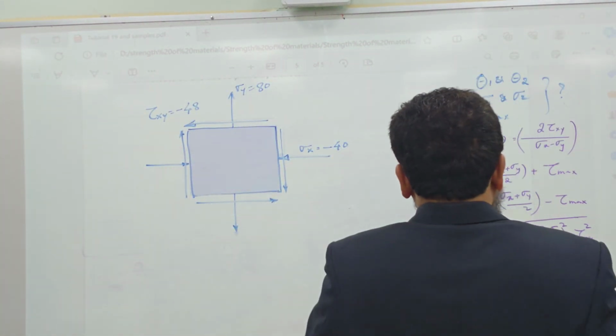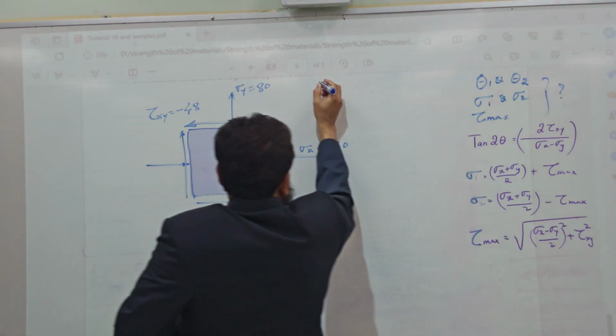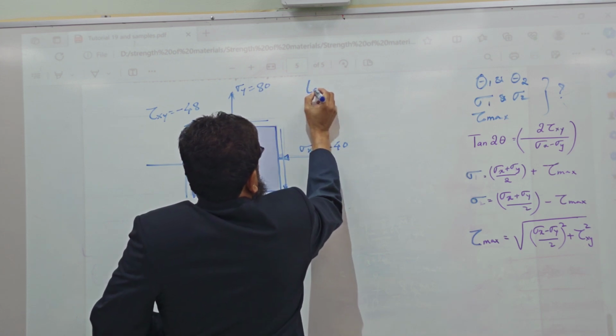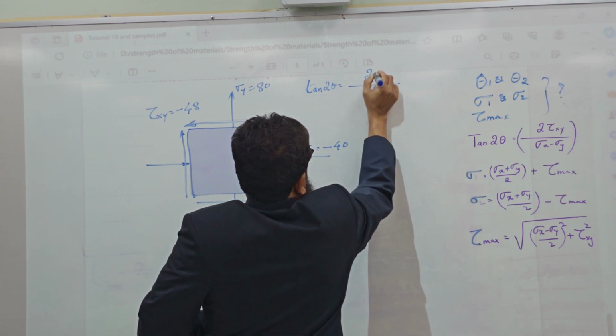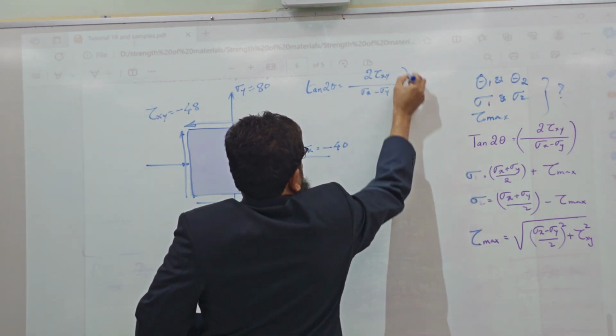Now let's try to find out theta 1 and theta 2. The formula is: tan of 2 theta is equal to 2 tau xy divided by sigma x minus sigma y.